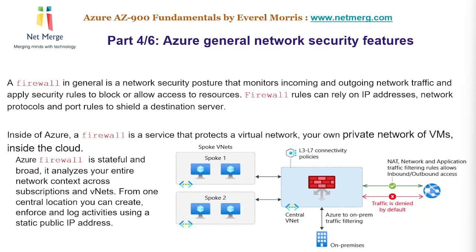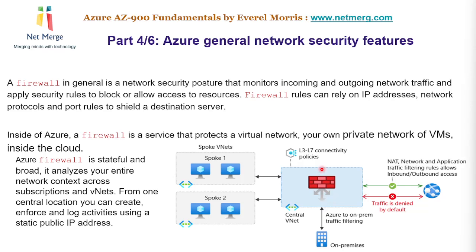Now, this is an example of what I'm talking about with your VNets. Here you have a spoke VNet, you have spoke 1, spoke 2. This is your network. It's connected through layer 3 and 7. It's connected to your firewall. Again, here's your VNet, here's your Azure, and your on-premises below.